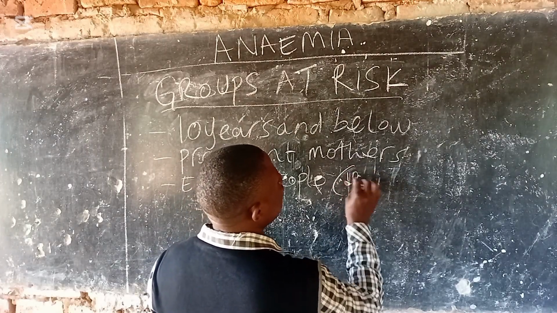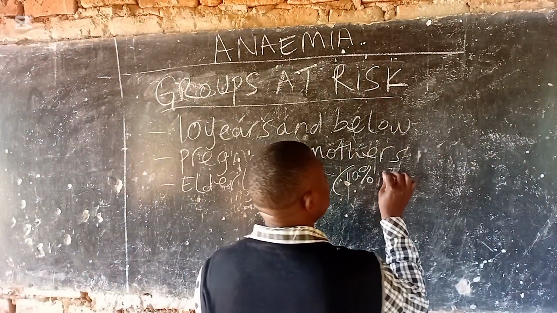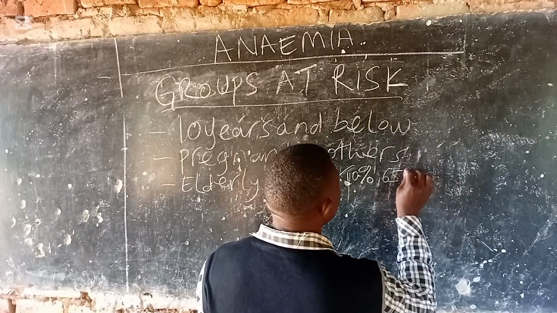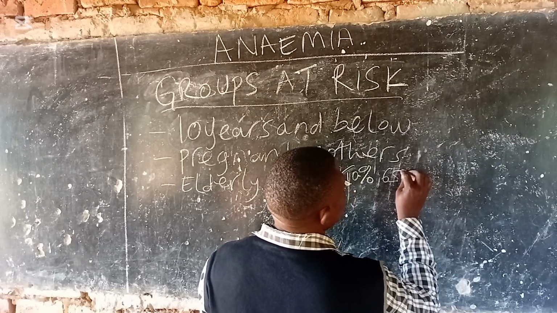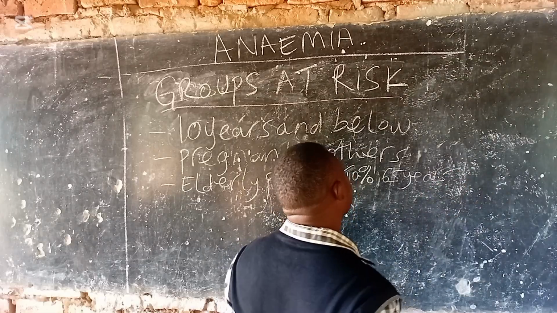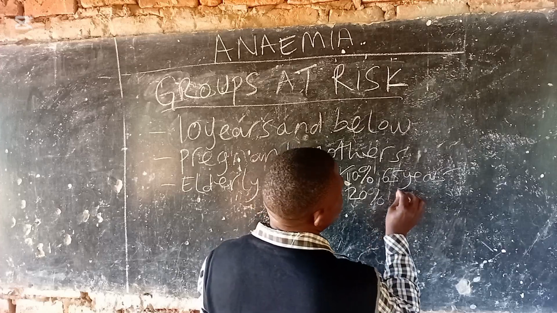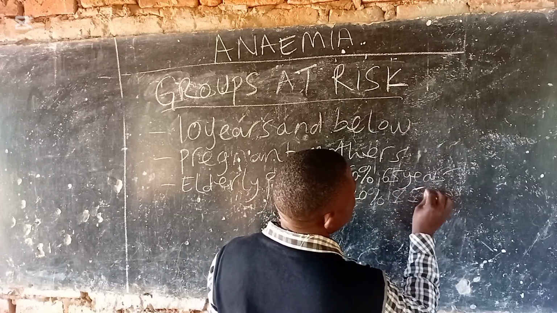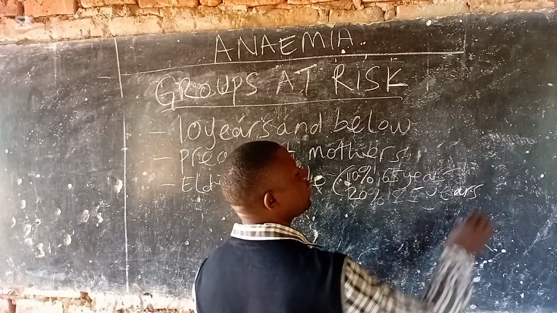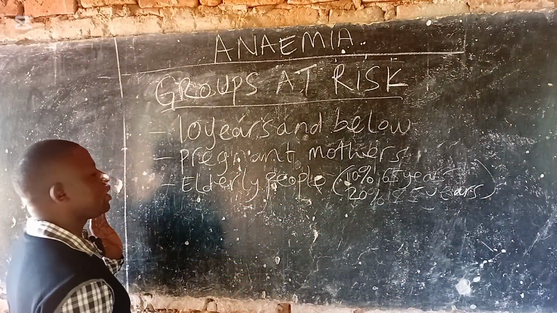In fact, 10% of the people who get anemia are 65 years and above, and 20% are 85 years and above. So elderly people are also at risk of getting anemia.